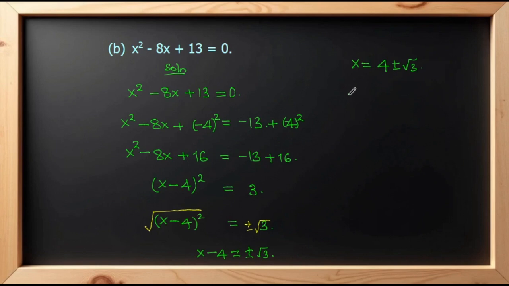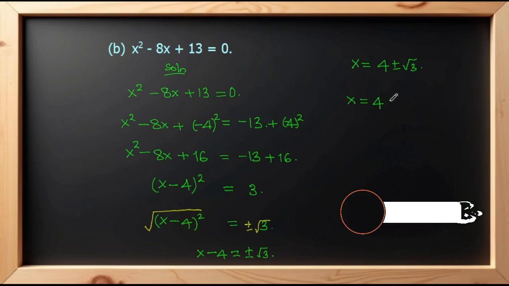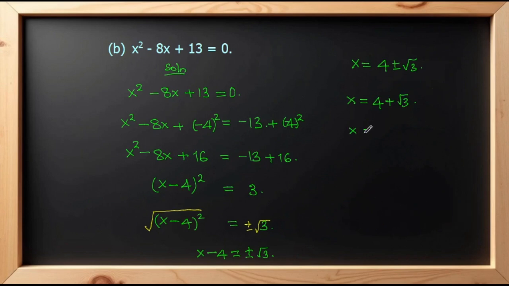Having done this, we can now look at the individual solutions, saying either x equals to 4, considering the upper sign that is positive, then we have root 3, and then when we simplify this, we realize that we have 5.7.